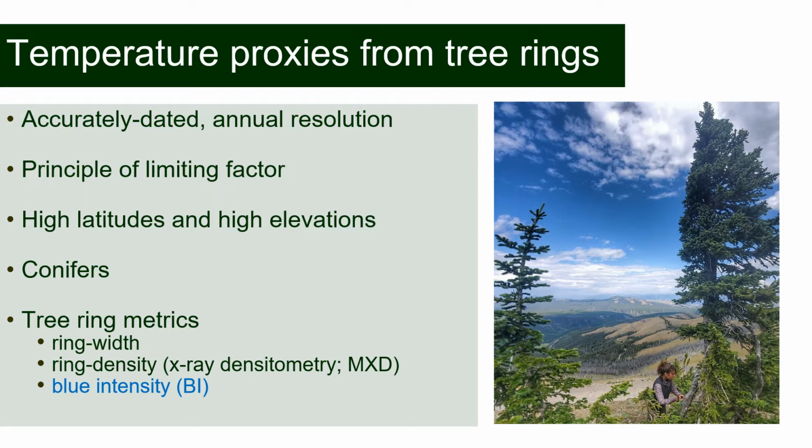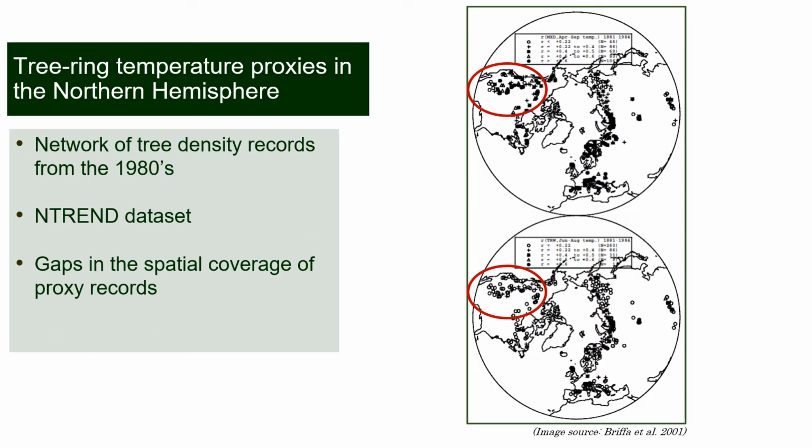So in North America, tree ring temperature records are primarily derived from conifer species and using ring width, maximum latewood density, otherwise known as MXD, or more recently, blue intensity, or BI. The application of X-ray based techniques such as MXD were hugely important for developing a network of temperature-sensitive tree ring records for North America.